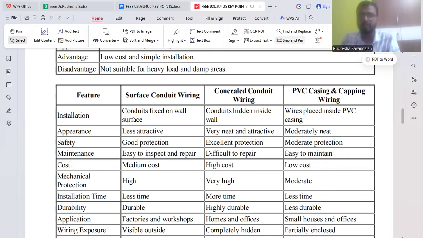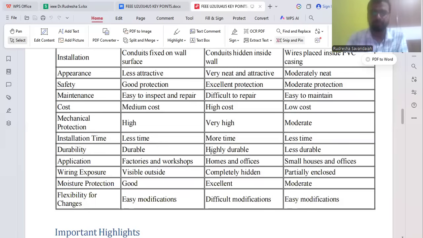Maintenance: easy to inspect and repair, difficult to repair, easy to maintain. Cost: medium cost, high cost, and low cost. Mechanical protection: high, very high, and moderate. Installation time: less time, more time, and less time. Durability: durable, highly durable, and less durable.